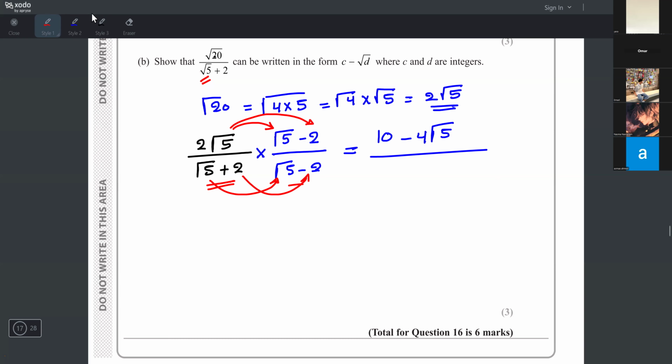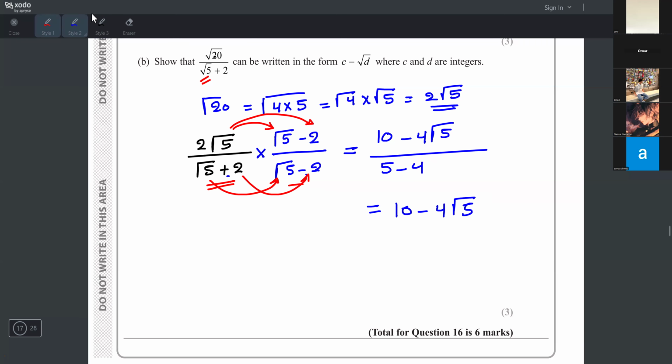So root 5 times root 5 is 5, and 2 times minus 2 is minus 4, so the final answer is 10 minus 4 root 5 over 1.